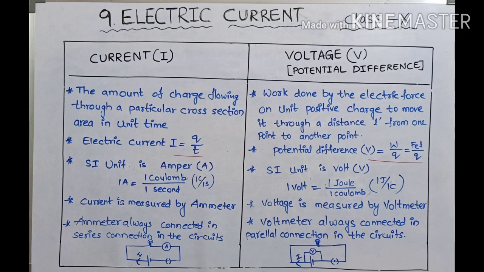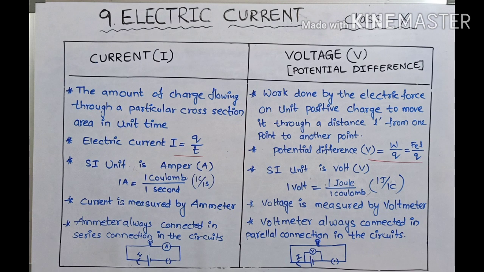We can measure the current in circuits with an ammeter, and an ammeter is always connected in series in the circuit. Series connection means we can connect the ammeter anywhere in the circuit. A voltmeter is always used to measure the voltage between the components of the circuit.